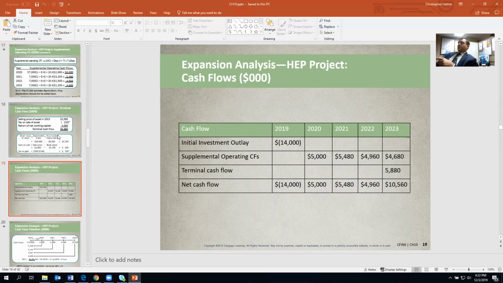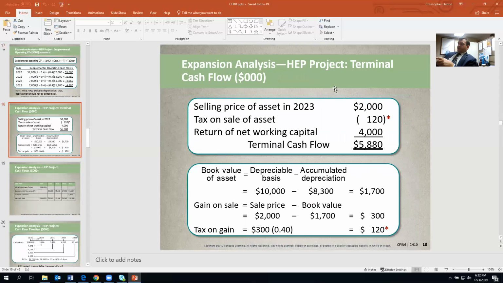Terminal cash flow is this calculation here, which was again, tax on the gain would equal 120. So you have to pay that much. And that's the only negative that comes out of the 6,000 here.